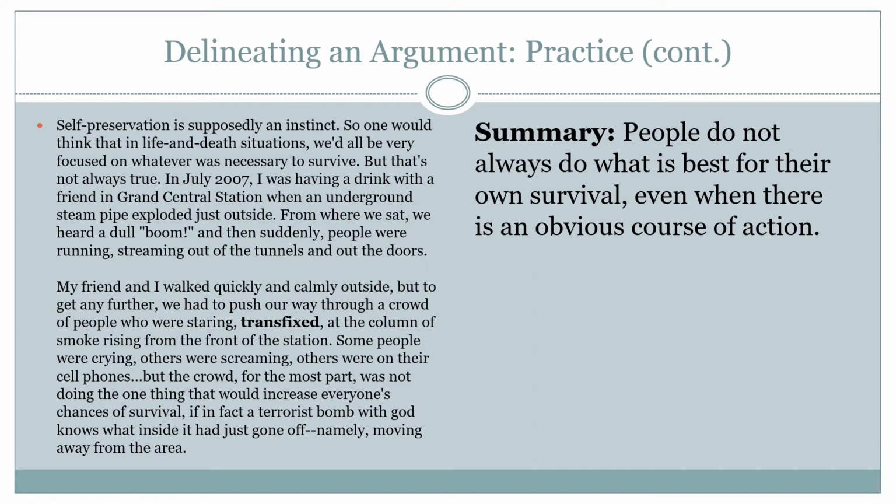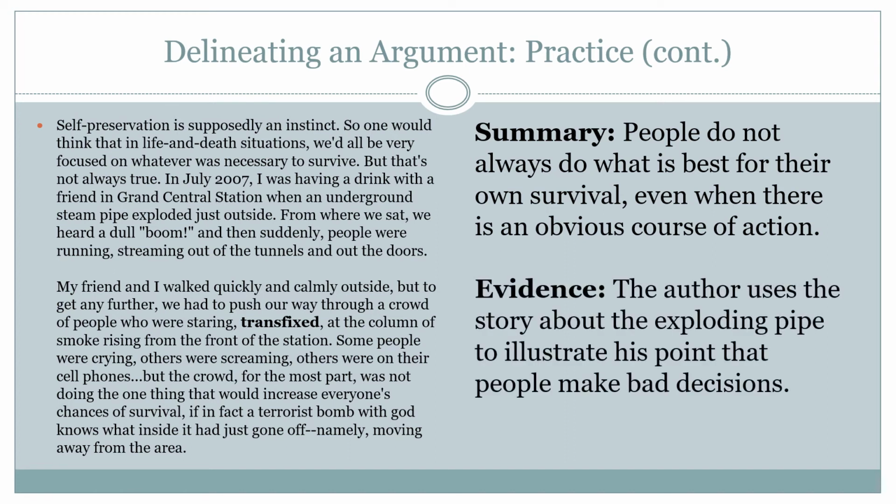Like if there is a bomb in Grand Central Station, you should be trying to leave as quickly as possible, not sit around and take pictures on your camera. He says, theoretically, everybody there would have wanted to survive, but they weren't acting in a way that would have led to their actual survival, right? Even though there's a very obvious solution.